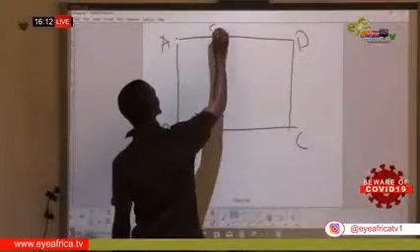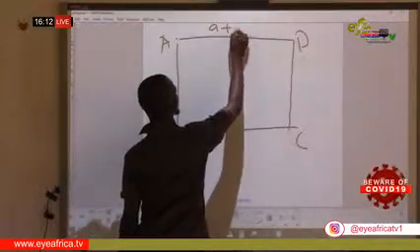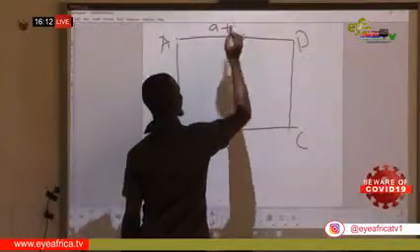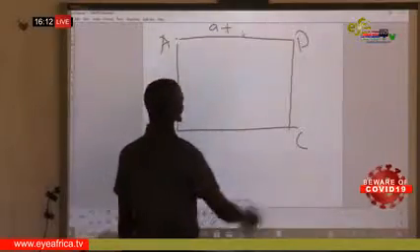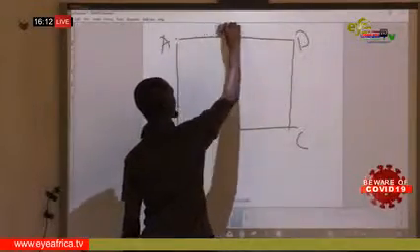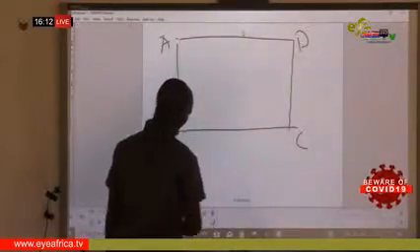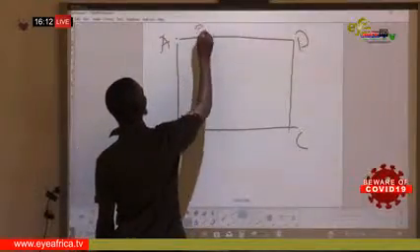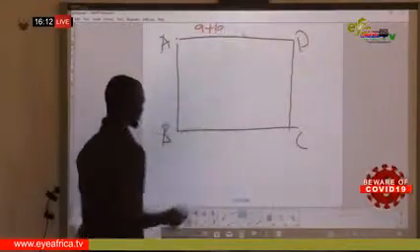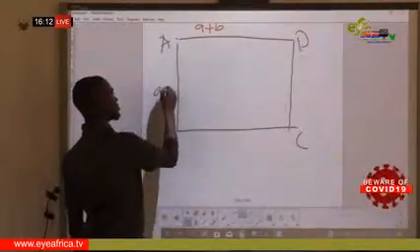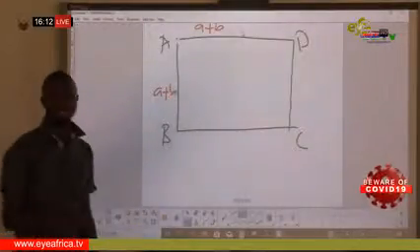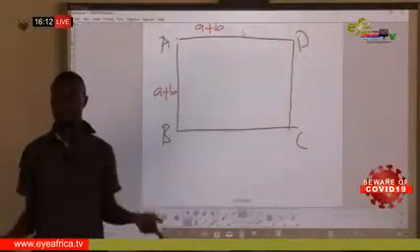The length of that is A plus B. The length is A plus B. Here also is A plus B. That is the sides of the big square.